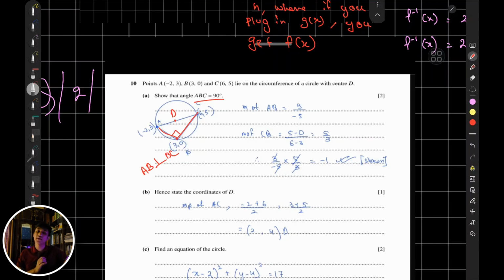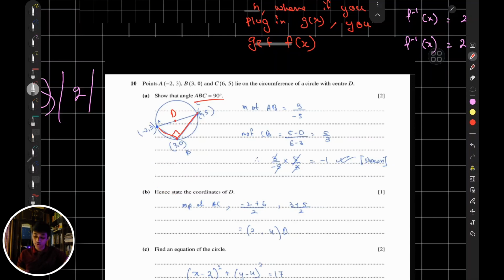The simplest way to do it is that the product of their gradients should give you minus 1. If they do give the product as minus 1, you have already proven that they are perpendicular to each other, meaning the angle in between is 90 degrees.